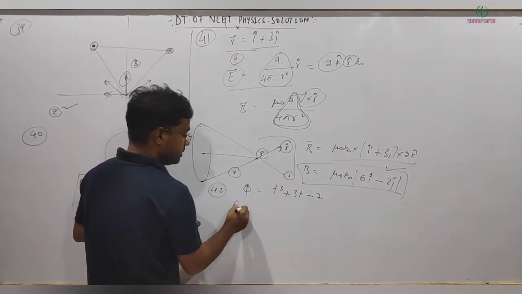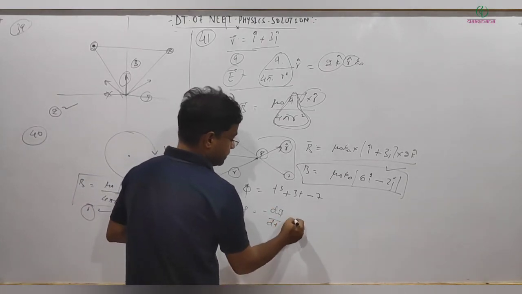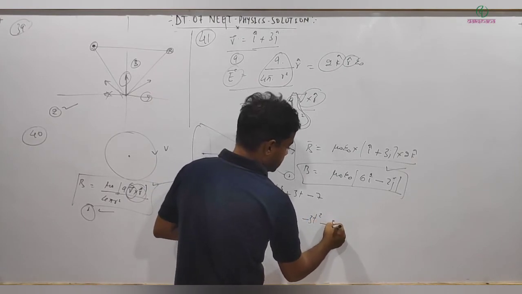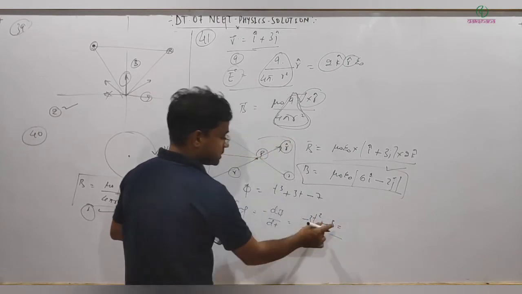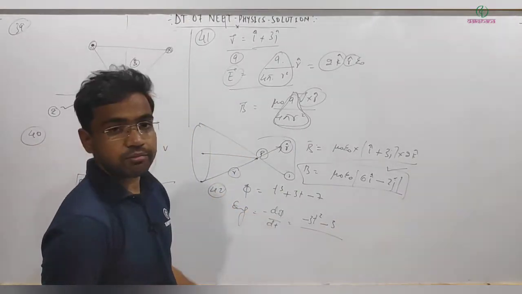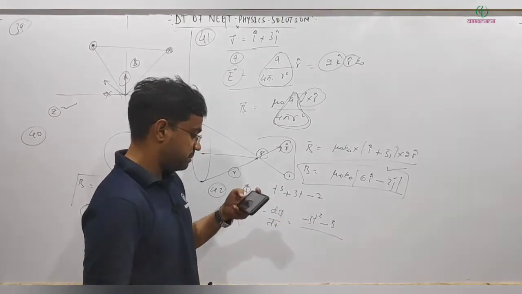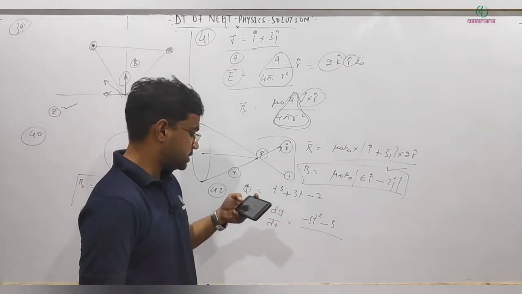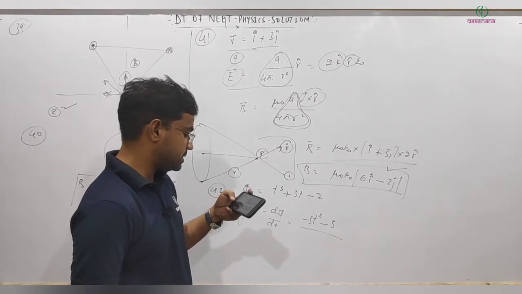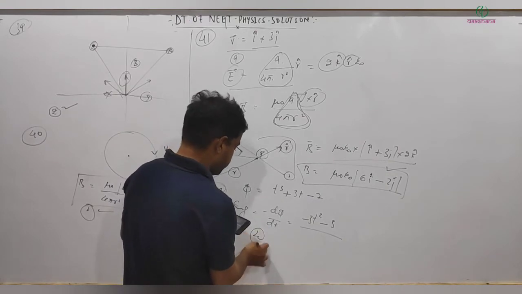Then induced EMF is equal to minus d phi by dt, that will be minus (3t square plus 3). So this is the EMF versus t graph, and it will be a parabola. The options are: straight line passing through origin, straight line with positive intercept, straight line with negative intercept, parabola not through the origin. So that matches with option 4.